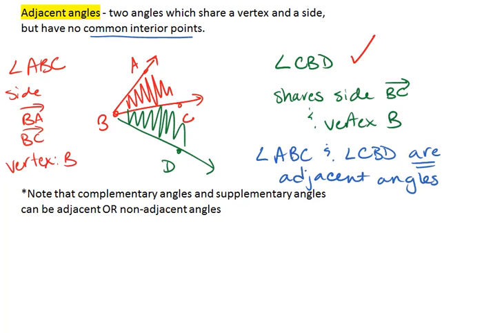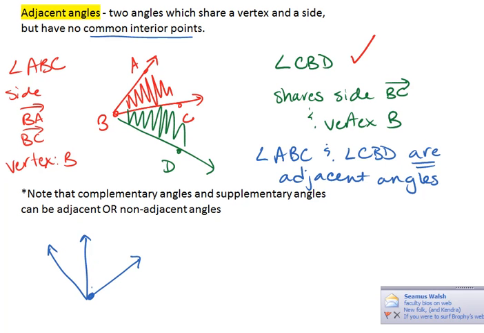One thing to make note of here is that complementary angles and supplementary angles can be adjacent or non-adjacent angles. So what we should notice is that I can have two complementary angles that are adjacent.